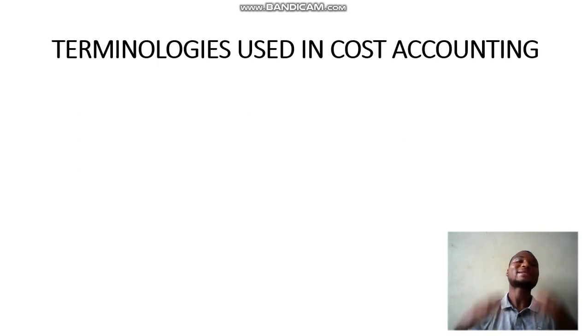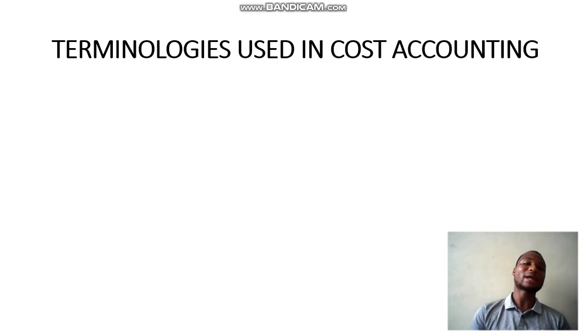In order to understand it very well, you need to know what this word means in that particular subject area. It is not different in cost accounting. There are several terminologies, but today we are going to address a few of them.